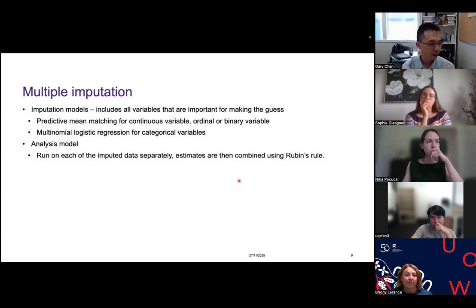Logically, in an analysis model you don't do that, because you don't use future observations to predict past observations. But in multiple imputation that's completely fine, because future observations can also help fill in missingness in past observations.